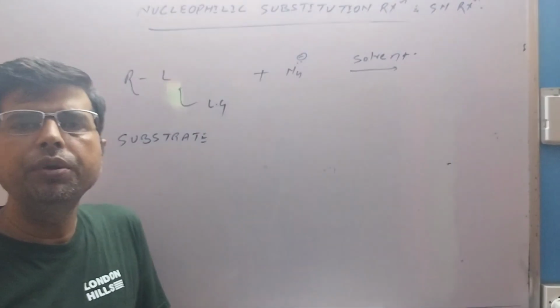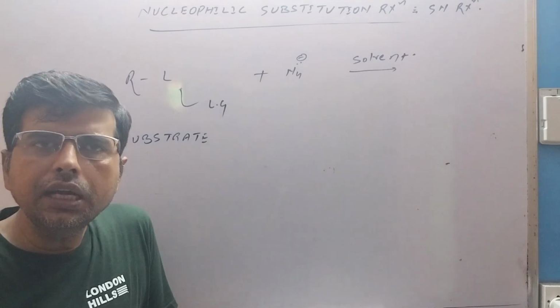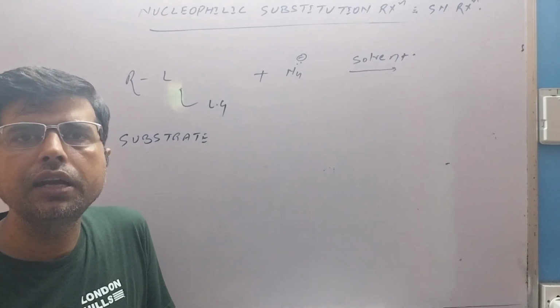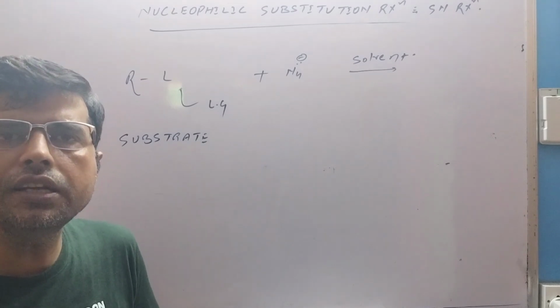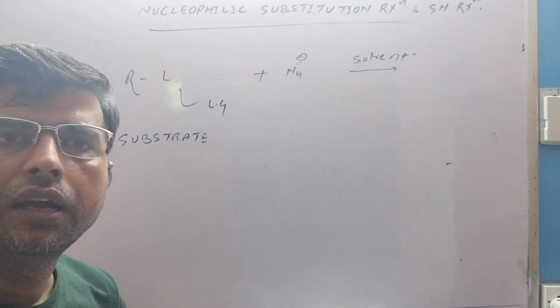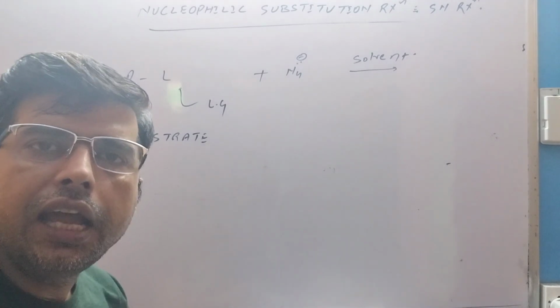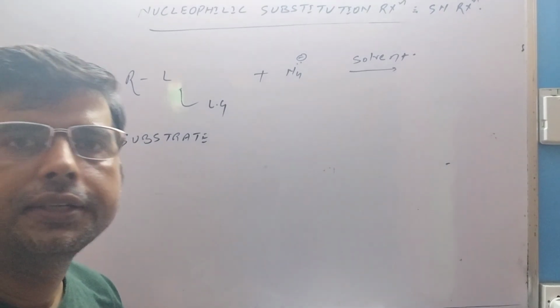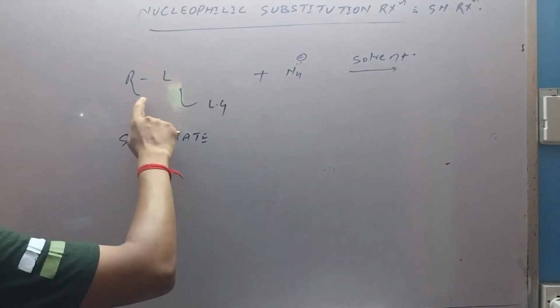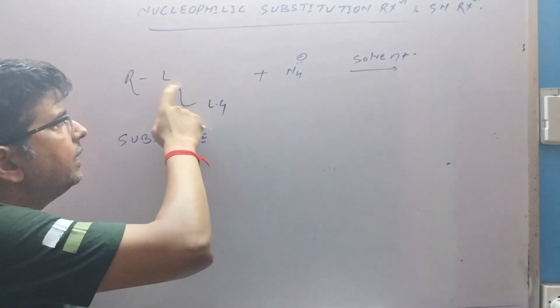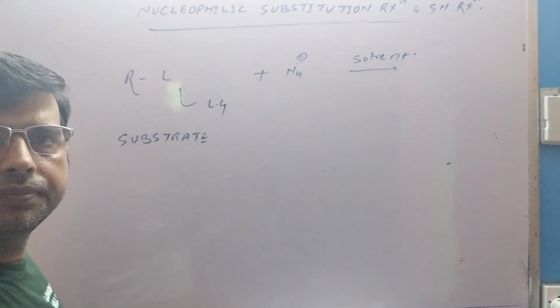For leaving group, we must remember that the leaving group is either a more electronegative atom or a more electronegative atom containing group. The reason behind that is that it has a tendency to withdraw electrons, and for this, high electronegativity is required. If L is a more electronegative atom or group, then L has a tendency to withdraw electrons.